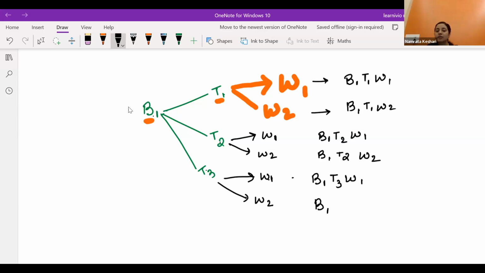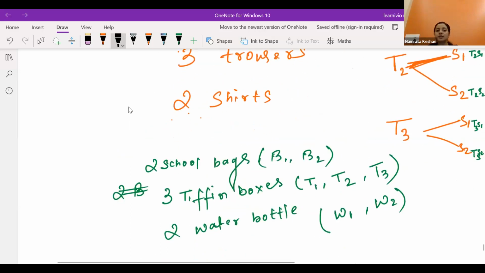Similarly, bag 1 with tiffin box number 3 with water bottle number 2. How many total cases have we created? 1, 2, 3, 4, 5, 6. But that we have done only with bag 1. How many bags were we having? Two bags. Can you see?